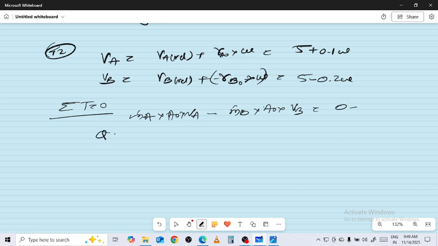Here the Q value is 1 liter per second, that is 1000.